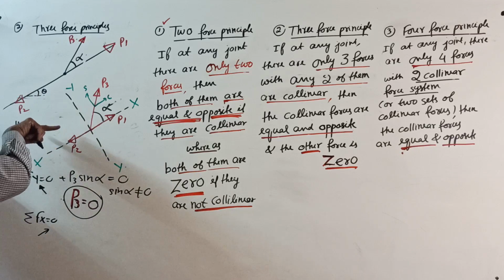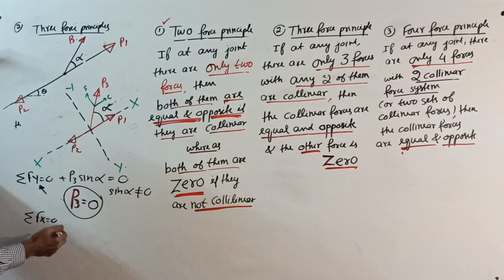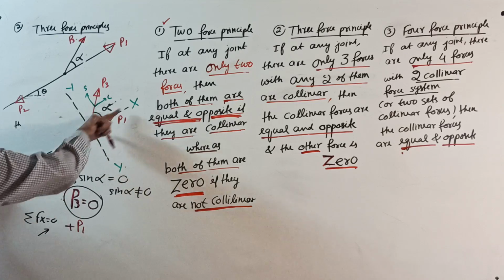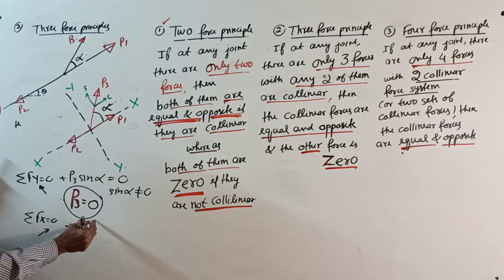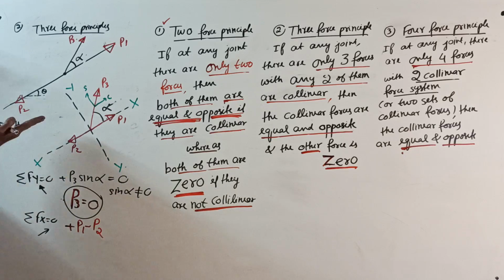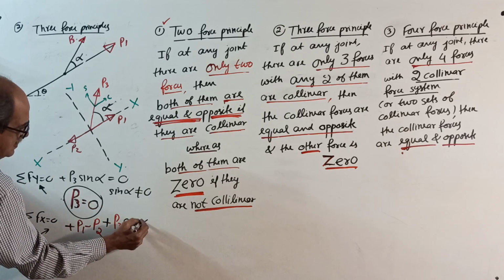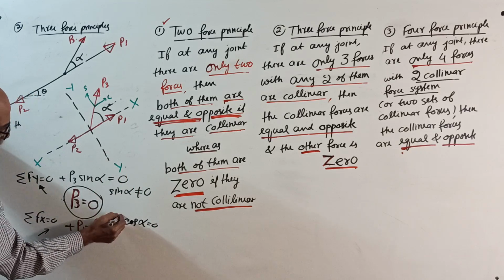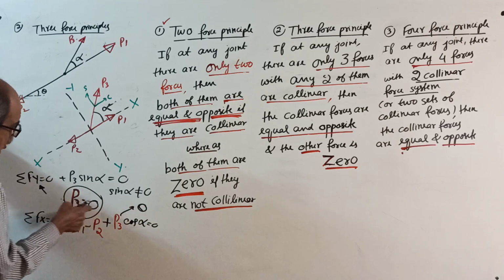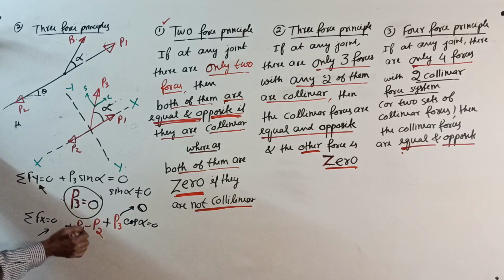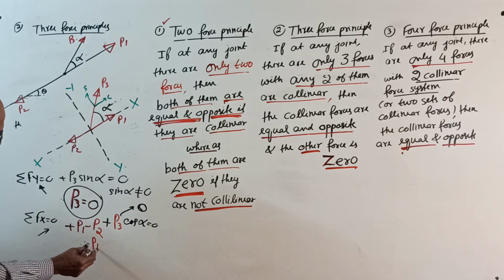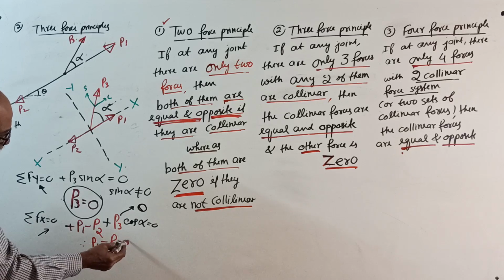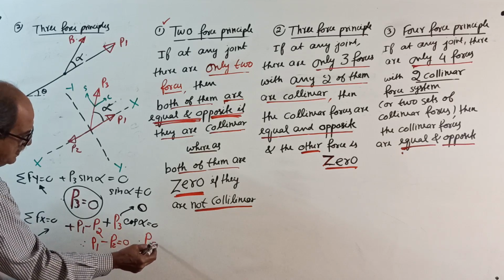Plus P1, minus P2, then plus P3 cos alpha equal to 0. But P3 equal to 0, you already got it. Therefore, the only possibility is P1 minus P2 equal to 0. Therefore, your P1 equal to P2.